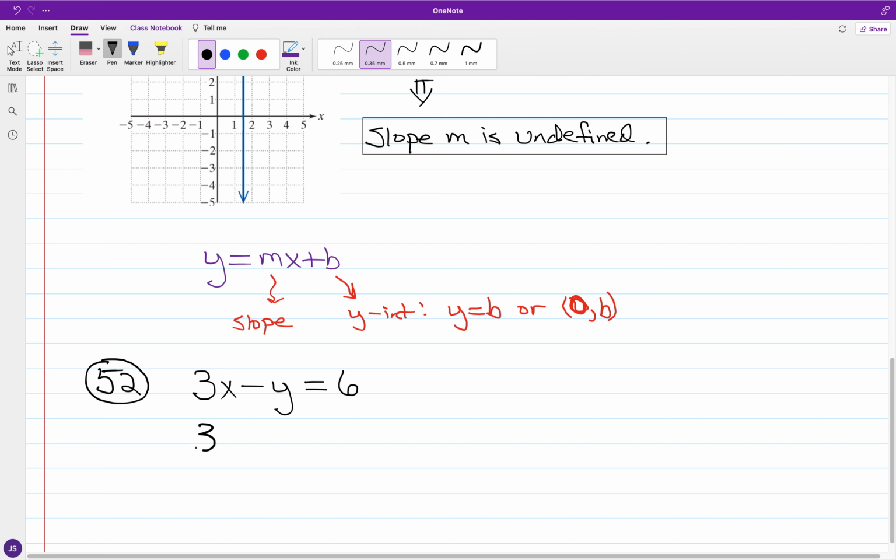So in terms of rearranging, first of all, we can move the x term over to the other side, and so we're going to have that negative y is equal to 6 minus 3x, and putting the x term at the front, we will have negative 3x plus 6.